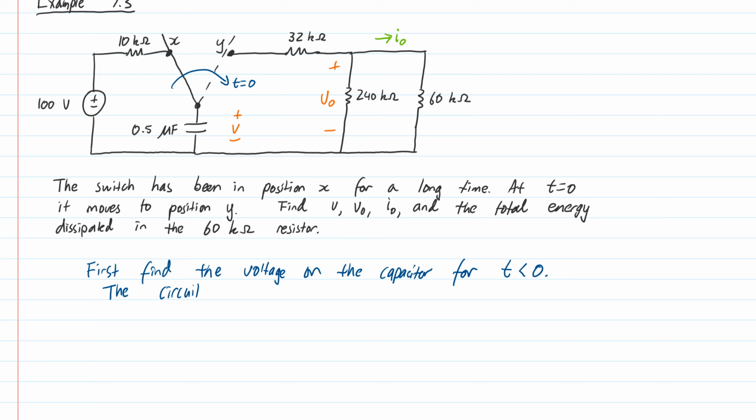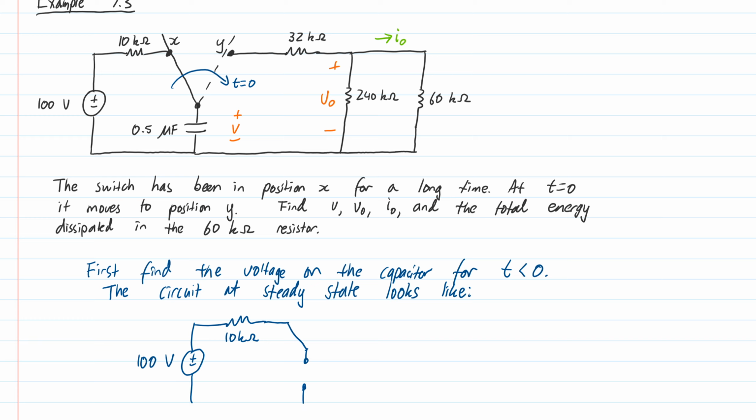Remember, capacitors are open circuit to DC. So the circuit at steady state looks like this. We have a 100 volt source which goes through a resistor and then through that little switch and then to the capacitor, but we replace the capacitor with an open circuit.